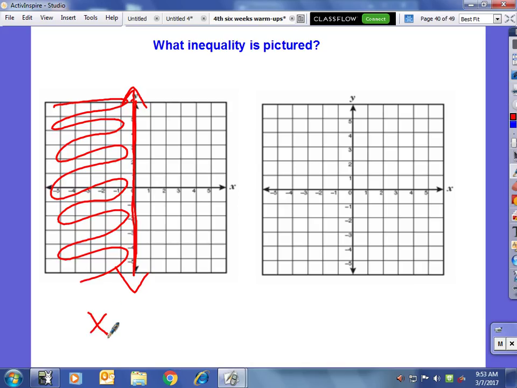X, because it's straight up and down, is less than or equal to 0. Because that line, the y-axis, is x equals 0. But I'm shading in every space to the left, which is where all the x values to the left will get smaller than 0. Because all of these x values over here are negative.